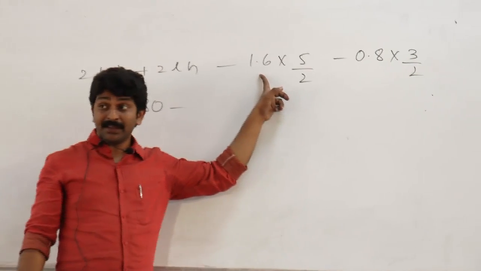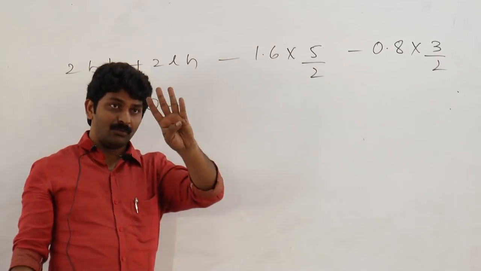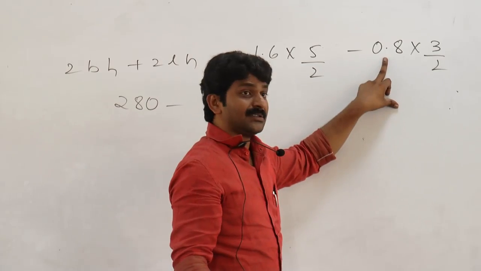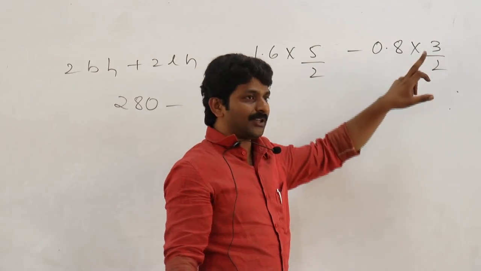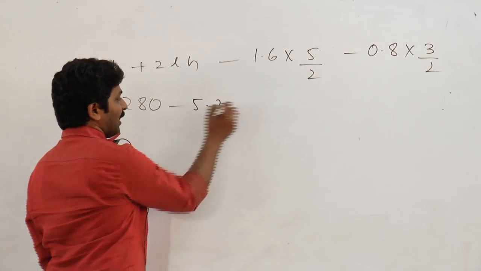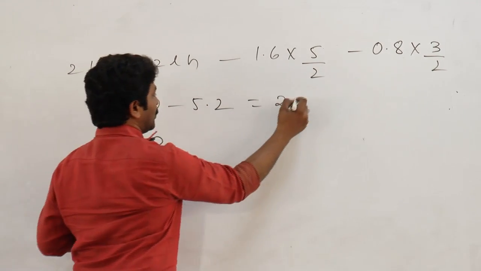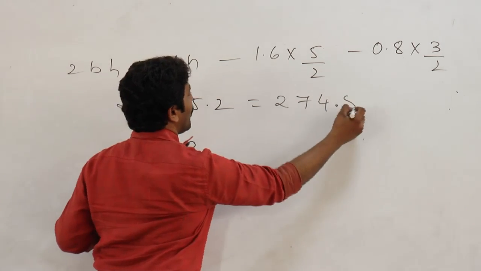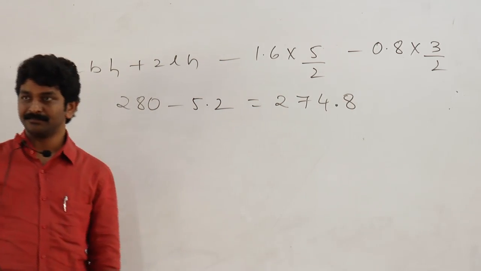How many times is this? 0.8 into 5, 4. How many times? 0.4 times into 3, 1.2, total 5.2. So from this you need to subtract 5.2. That gives you 274.8. This is the area.